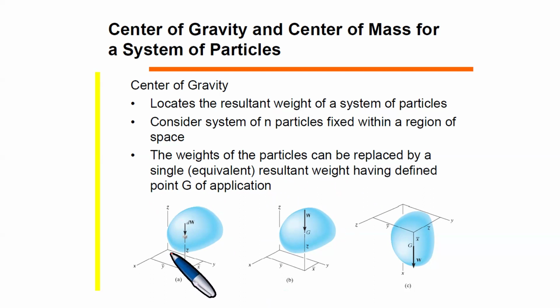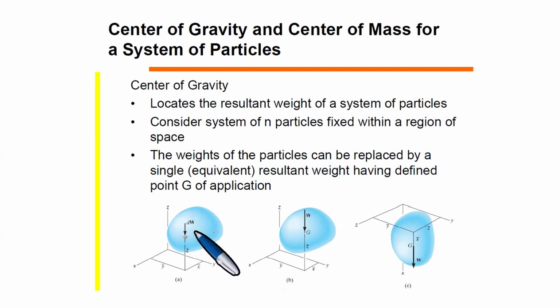Right, so this becomes of much interest. In other words, if you look at the first diagram, diagram A, we can replace the weights of the particles by a single equivalent resultant weight, having defined point G of application.